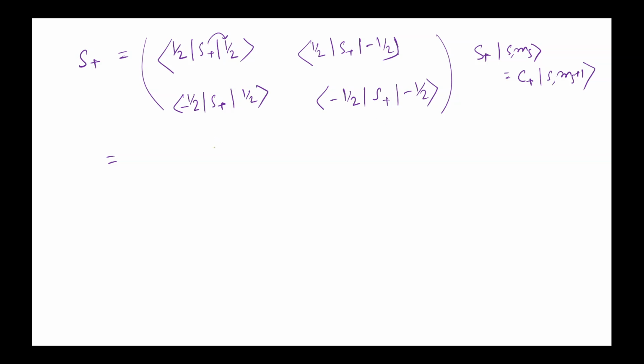Now when s plus operates on minus half, it will take you to the plus half level, so this matrix element will survive, and we'll find out what the element is. When s plus operates on this half again, it goes to 0, and this also went to 0.